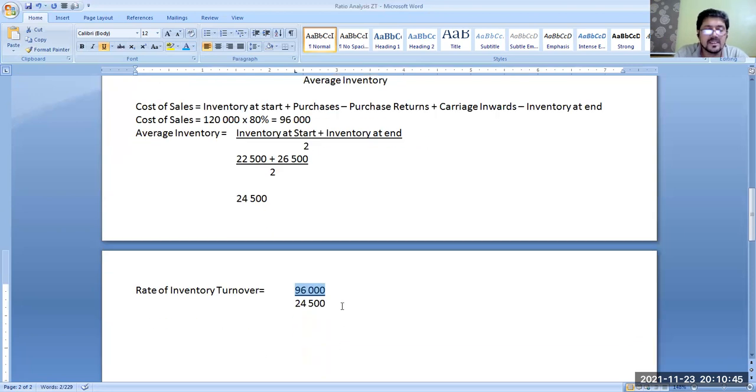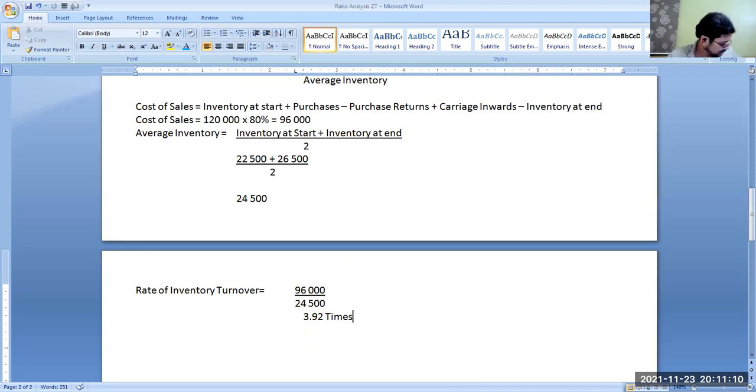So what would be the answer? $96,000 divided by 24,500, the answer is 3.92 times. Got it? This is the rate of inventory turnover.